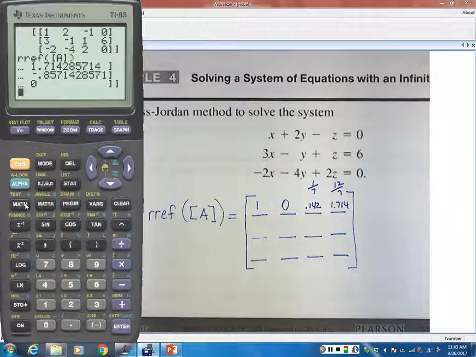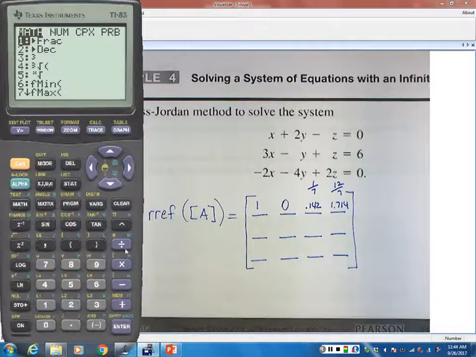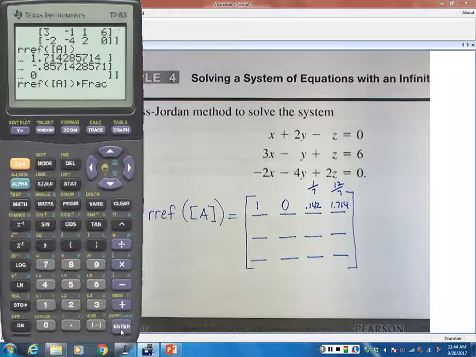So here's what we do. How many people know how to change a decimal answer into a fraction on your calculator? What do I need to do? That's right. So if I do this, and then before I hit enter again, go to math and choose fraction and hit enter.